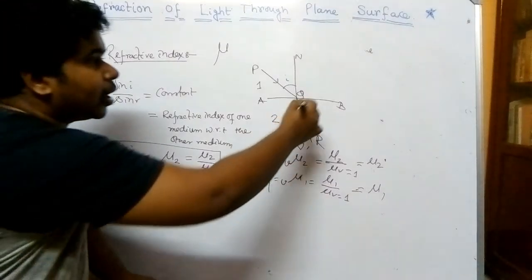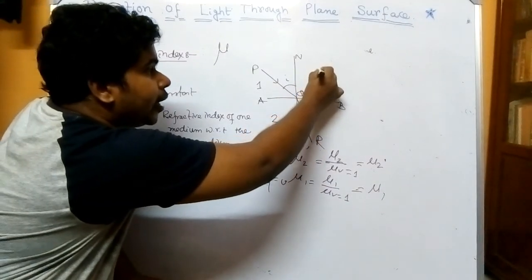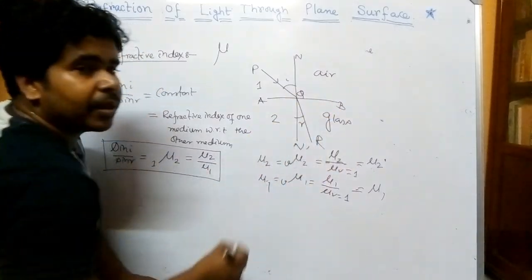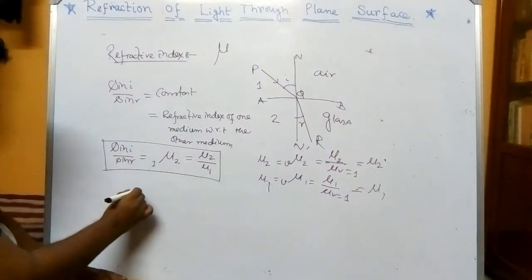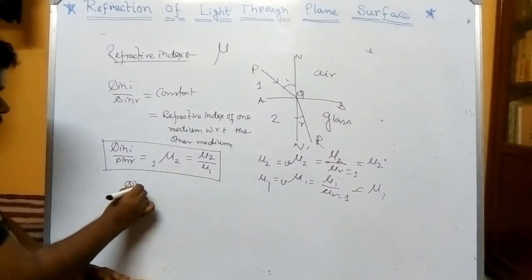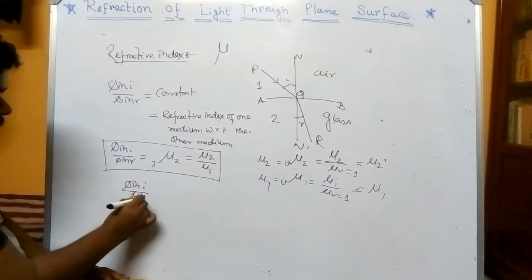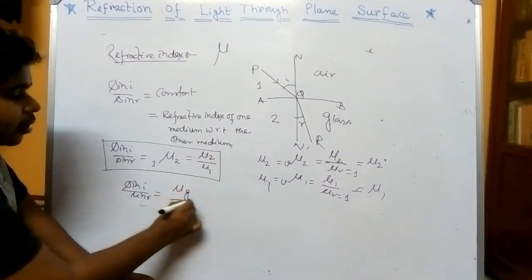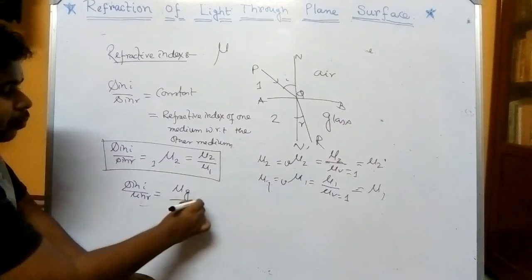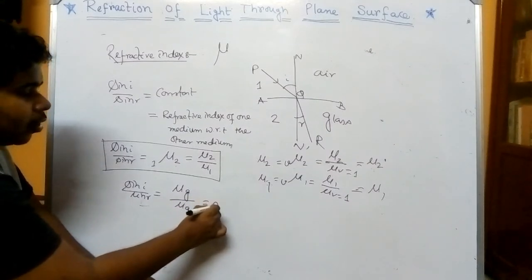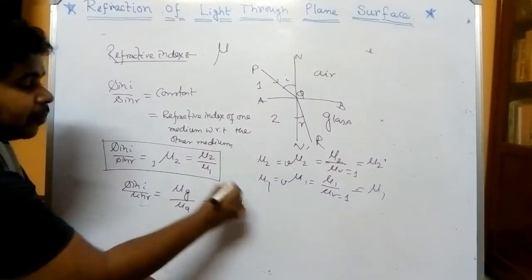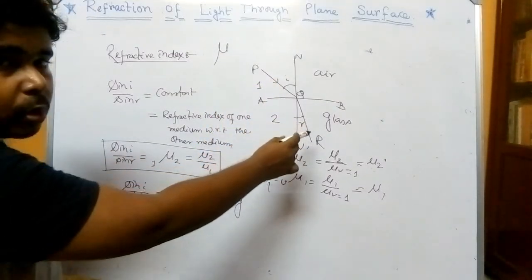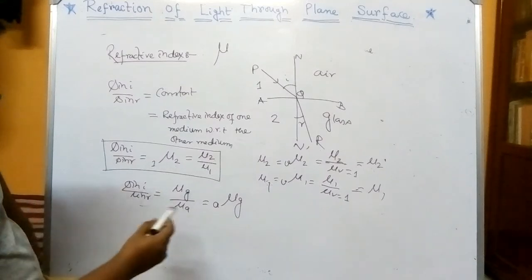If the light ray comes from air to glass, we can write the refractive index sin i by sin r as equal to the refractive index of glass with respect to air, μg by μa, or you can write aμg.